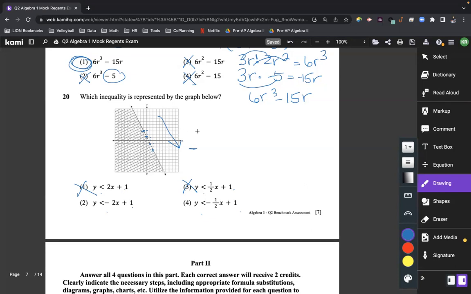So my run is 1, because it's rise over run. How many up and down? My rise, which is negative, is 2. So it's negative 2 over 1, which is essentially negative 2. So my answer here for 20 is 2.